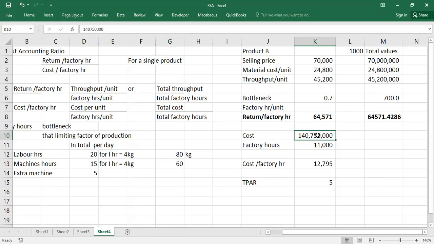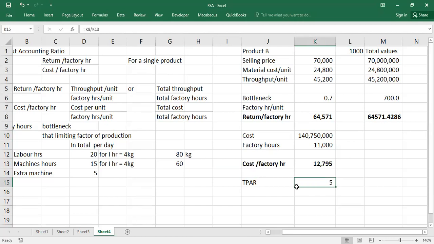So it is this divided by that. You will get 12,700. So when you have these two items, then you have throughput accounting ratio because it's given by one divided by the other. Just as is the formula.